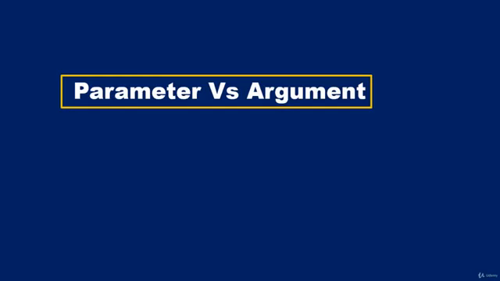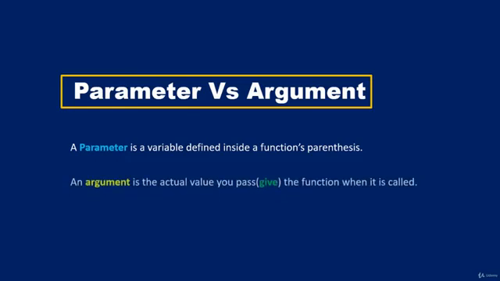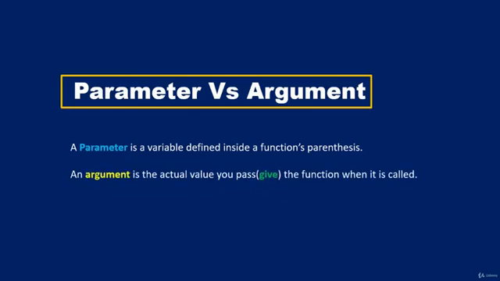In the example function we created, we used parameter and also argument. I just want to explain again the difference between the parameter and the argument. The parameter is the variable that is defined inside the function's parentheses, while the argument is the actual value you pass or give to the function when the function is called.